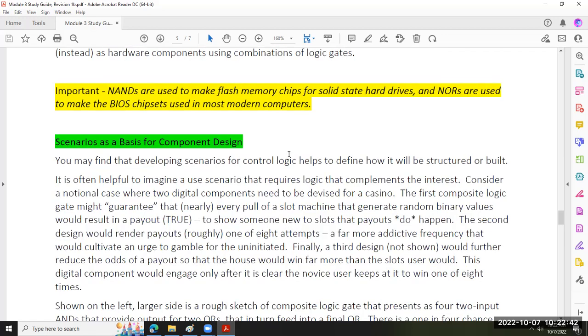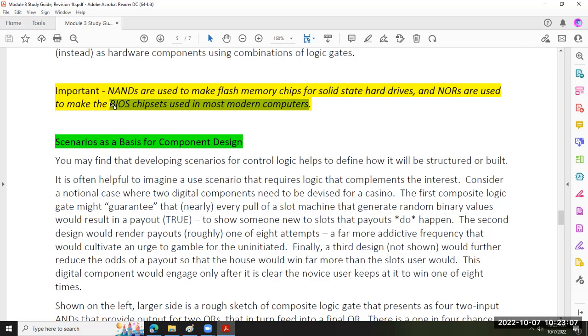So we have said that NANDs are used to make flash memory chips for solid state hard drives and USB thumb drives, right? And NORs are used to make BIOS chipsets in most modern computers, right? But you can create any of the basic logic gates using either NANDs or NORs.